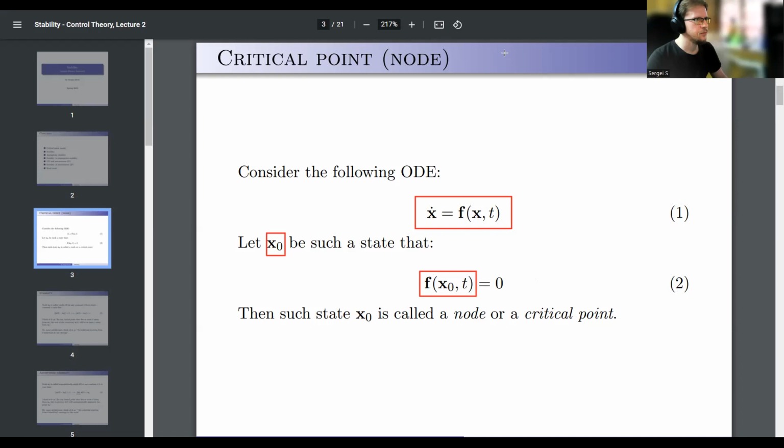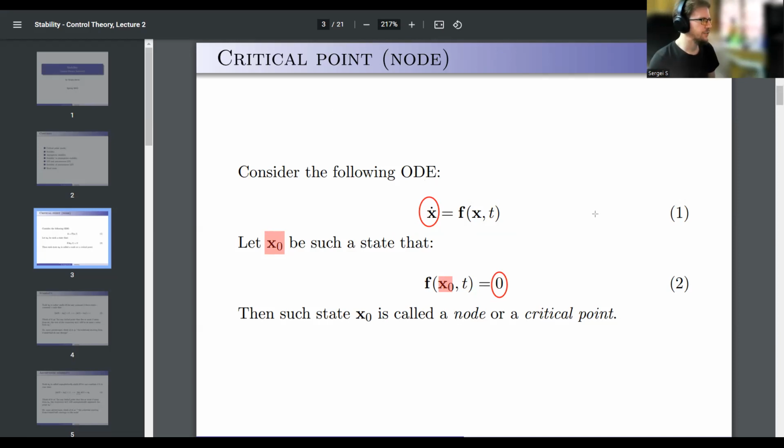So x0 is such that when you substitute it into this f, it becomes 0. In other words, it means that it doesn't change. Notice, x dot becomes 0. That x0 will be called a node or critical point.